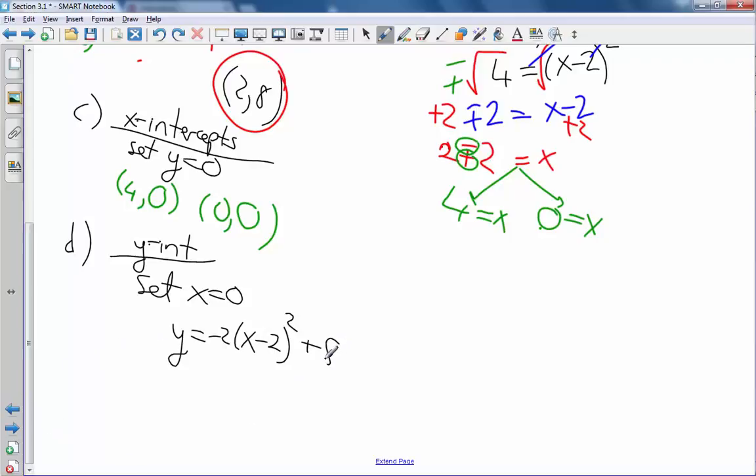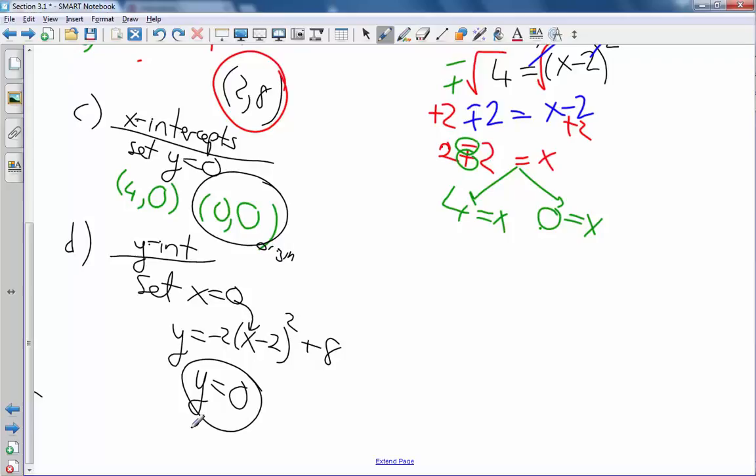Plus 8. So enter 0 in here and we are all set. So easy. 0 minus 2 is minus 2 squared 4, double it 8, minus 8 and plus 8 is 0. Actually, I already knew it before I even started this part. Huh? If you end up with x-intercept as origin, this is origin, right?